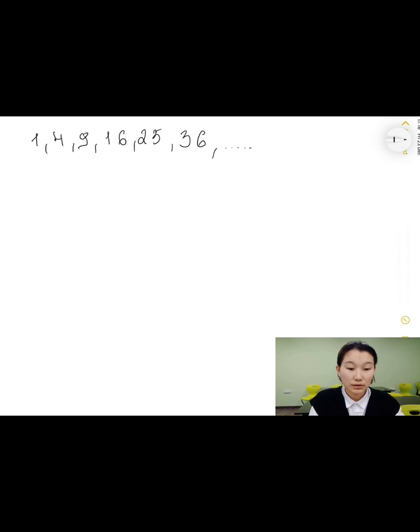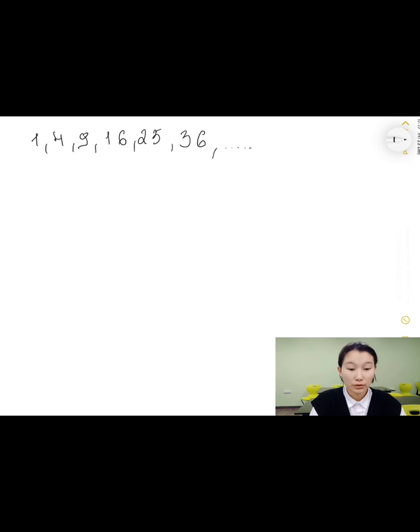Firstly, what is a sequence? A function which is defined on the set of natural numbers is called a sequence. However, we don't usually use functional notation to describe sequences. Instead, we denote the first term by a1 and the second term by a2, and so on.